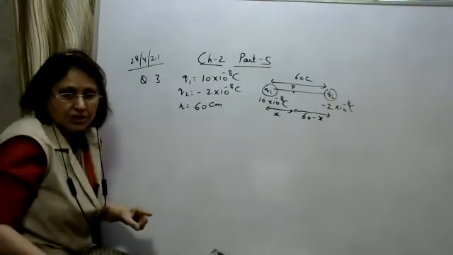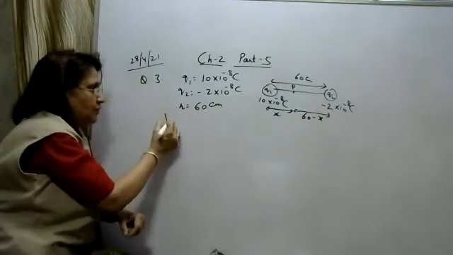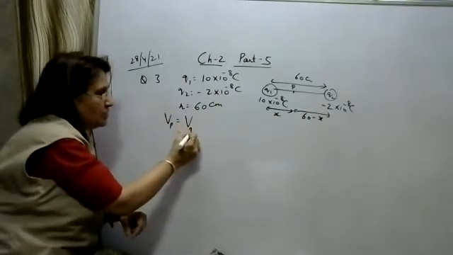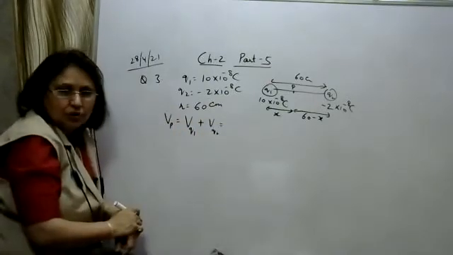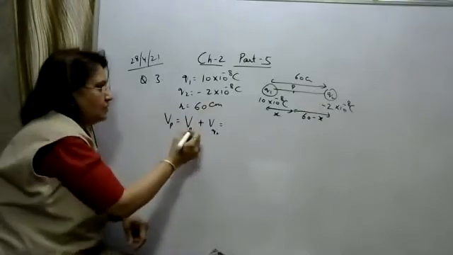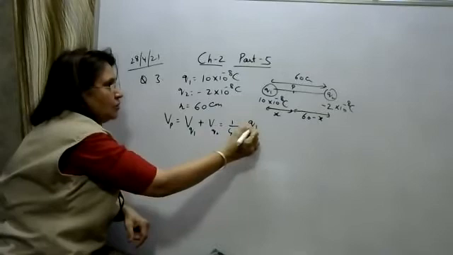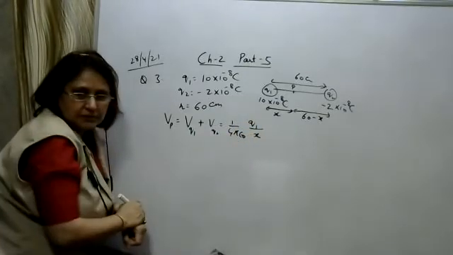Now the potential at point P is 0. What is the total potential at point P? The total potential is the potential due to Q1 plus the potential due to Q2. The potential due to Q1 at point P is 1 upon 4 pi epsilon naught Q1 upon R1. R1 is how much? x.